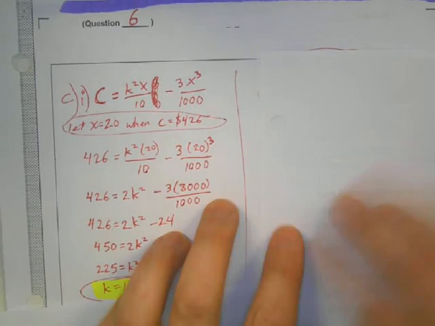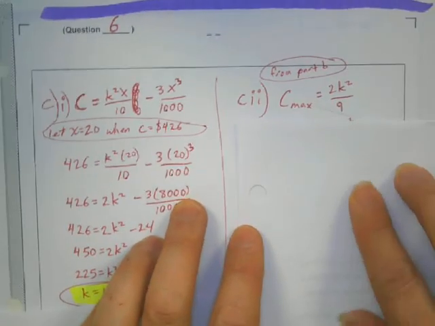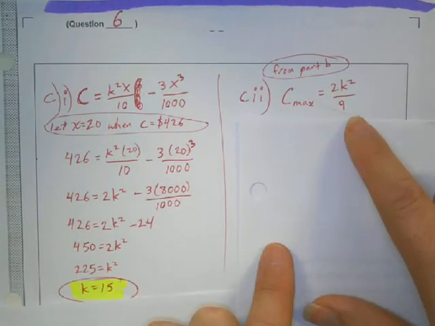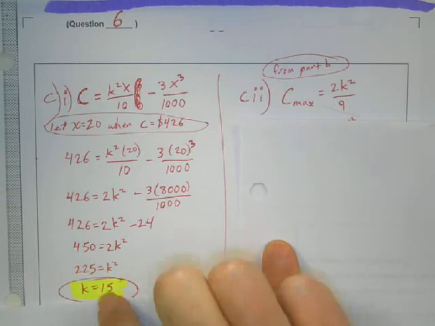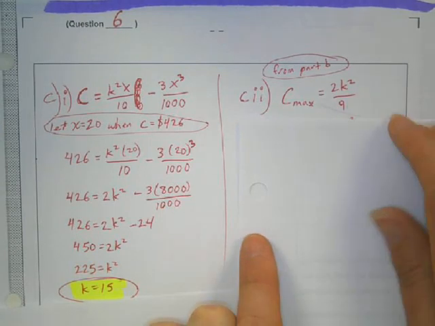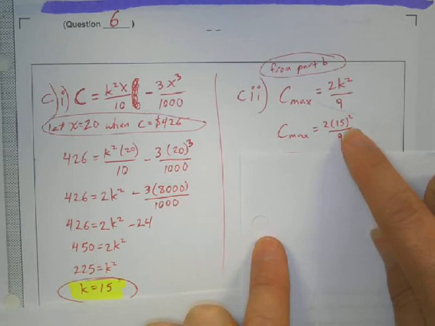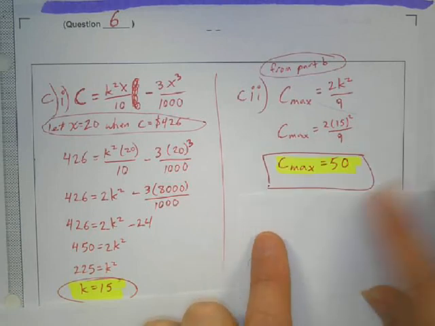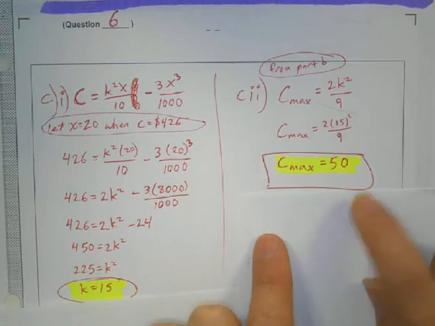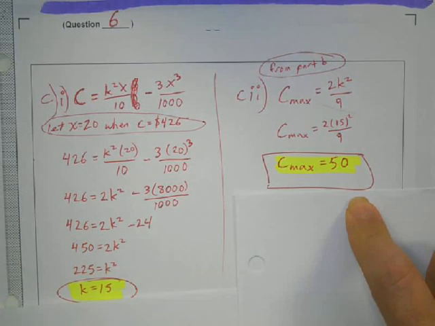So that's what we just figured out from part B. But I'm going to replace k with 15 to figure out the maximum profit. So now I've got 2 times 15 cubed divided by 9, and then the maximum profit is going to be $50.